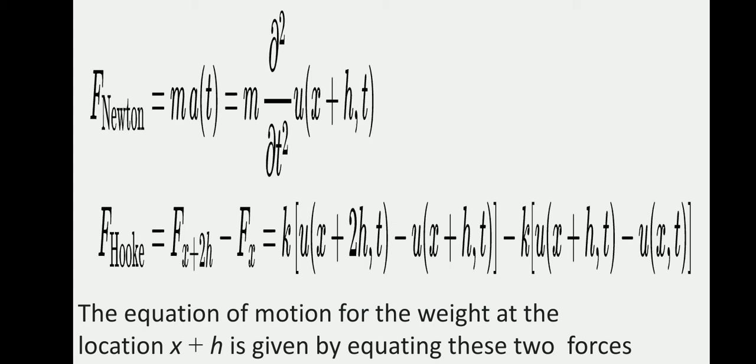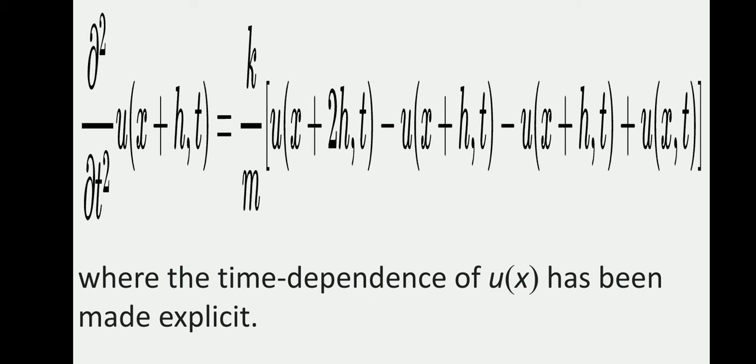The equation of motion for the weight at the location x plus h is given by equating these two forces. Dou square by dou t square of u of x plus h comma t is equal to the constant over mass times u of x plus 2h comma t minus u of x plus h comma t minus u of x plus h comma t plus u of x comma t, where the time dependence of u of x has been made explicit.